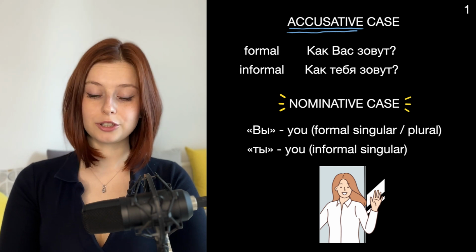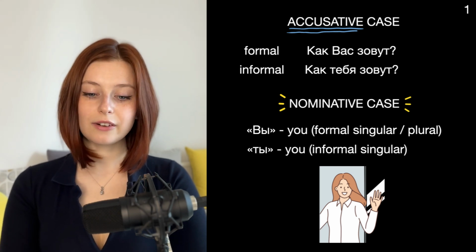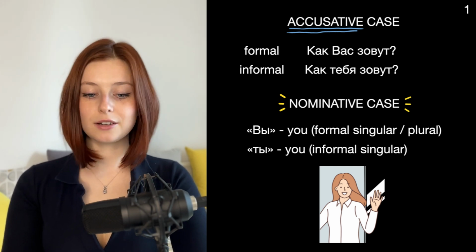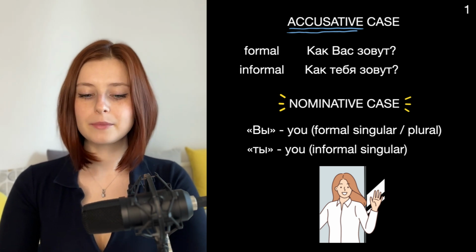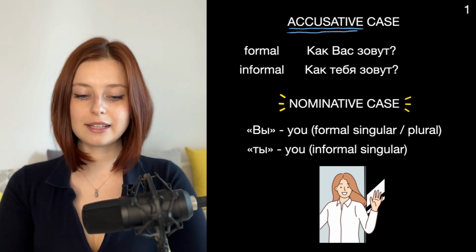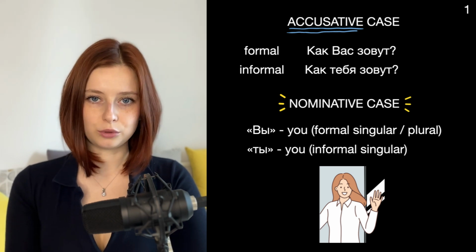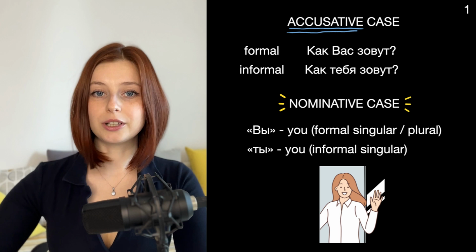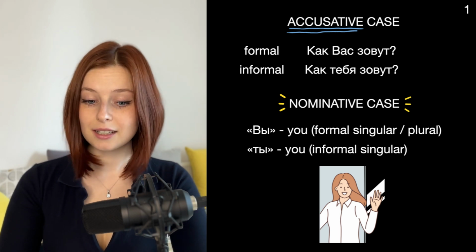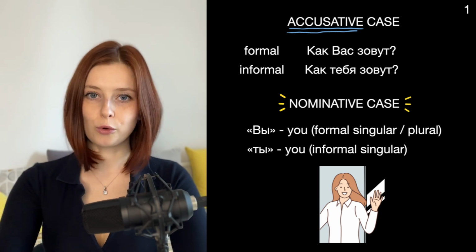So the first question in that test was «Как вас зовут?» «Меня зовут Мария». Да? «Как вас зовут?» «Меня зовут Мария». First of all, «Как вас зовут?» What is your name? «Вас» makes it formal.